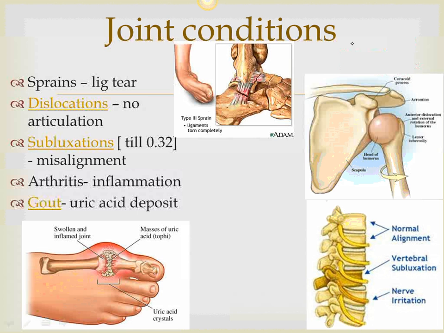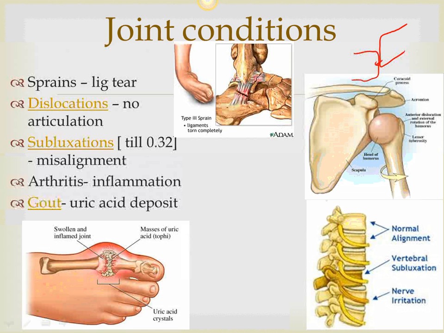In a subluxation, if this was the normal place where they were articulating, what would happen would be that they are pushed out of alignment, but they still make contact with each other. Can you see they are still in contact, but it's misaligned. So they move away from each other, but still touching at some point. So that is known as a subluxation.